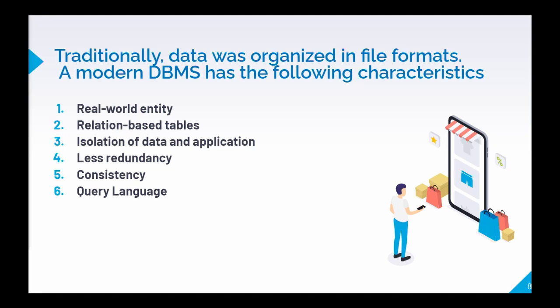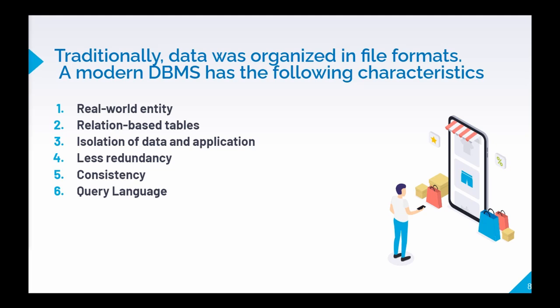Ito yung mga characteristics natin. Number 4. Number 5 we have is consistency. Consistency is a state where every relation in a database remains consistent. There exist methods and techniques which can detect attempts of leaving the database in an inconsistent state.